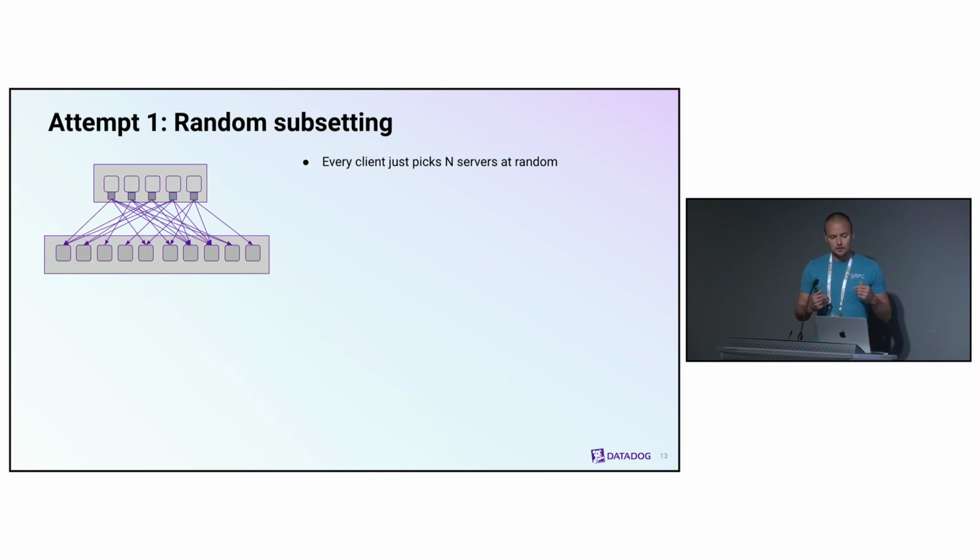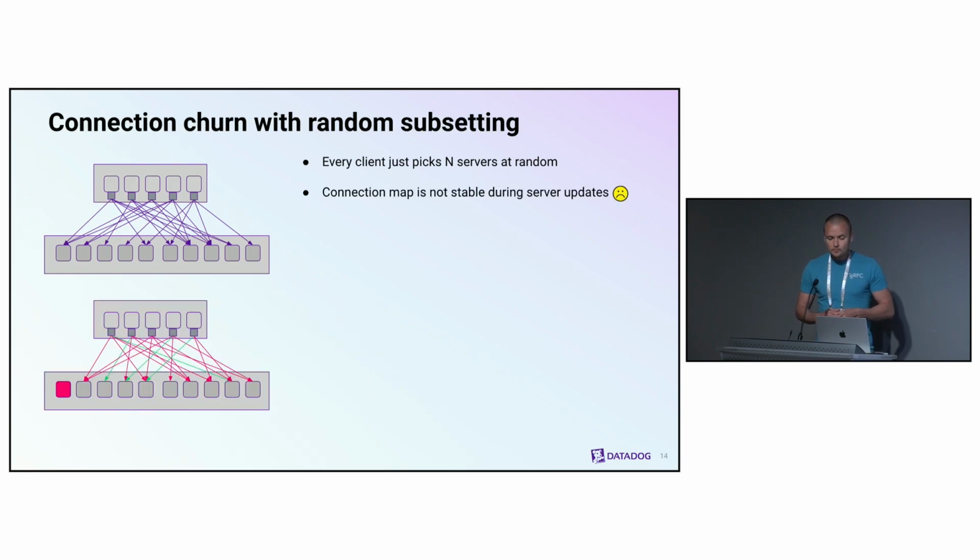One way to implement it, which is an obvious one, is to do fully random subsetting, which means every client just picks n random servers out of the list of available servers. One problem with this is that it potentially could lead to high connection churn during server rollouts. Imagine what happens if a server gets deleted, like is illustrated on the bottom diagram.